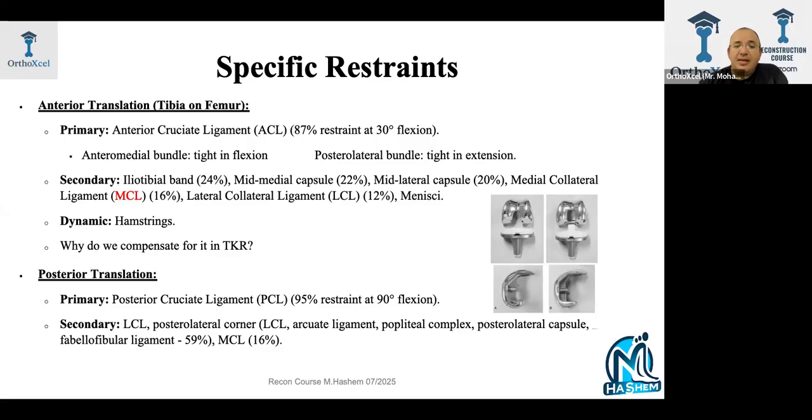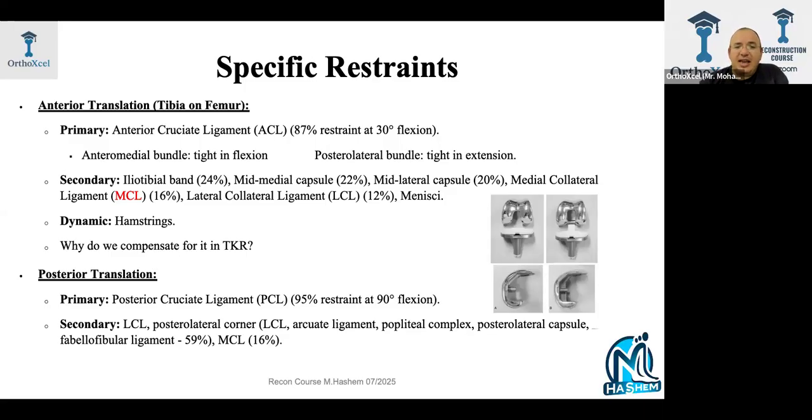Secondary restraints are your iliotibial band, then your MCL, then your mid-medial and mid-lateral capsule, and at the end the lateral collateral ligament. Dynamically, what's preventing the anterior translation of the tibia is the hamstring. So how do we compensate for that in the total knee? Very easily, you need to maintain as much of these structures intact as possible.